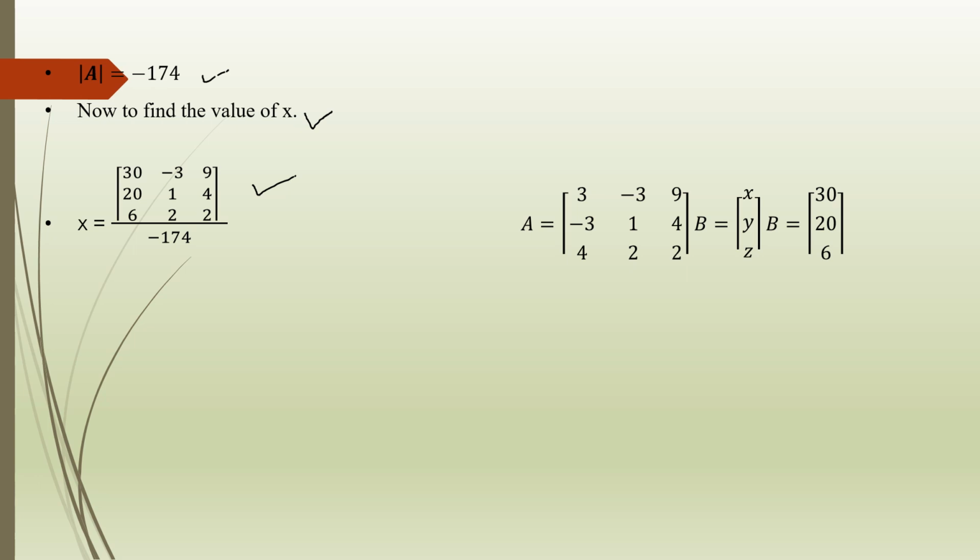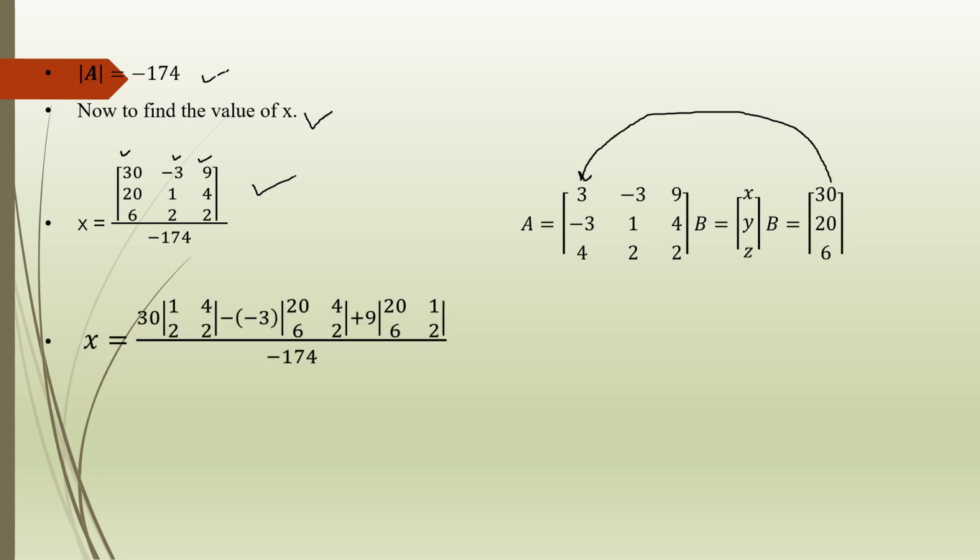Look, the second column and the third column will be the same. The first column will be replaced by matrix B. So to find the value of x, only the first column is replaced by B. The new system which we have is 30, 20, 6; minus 3, 1, 4; 9, 4, 2.